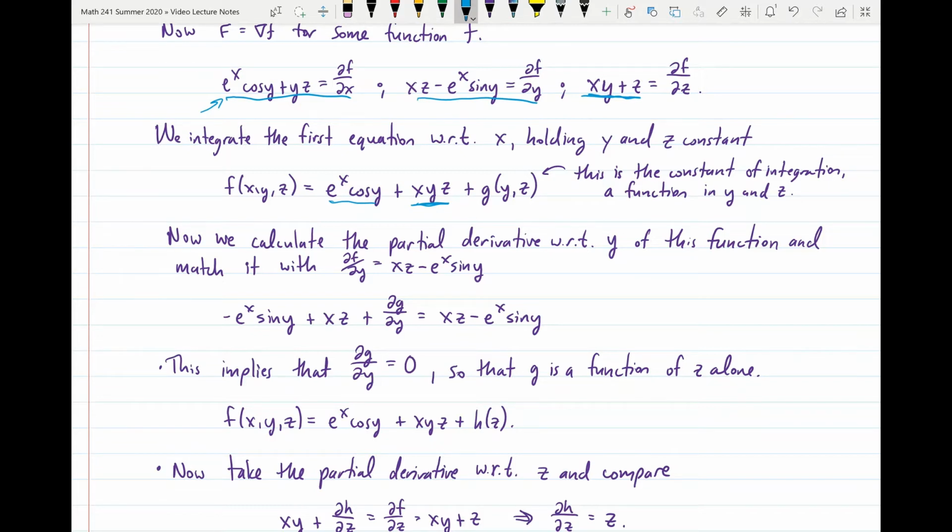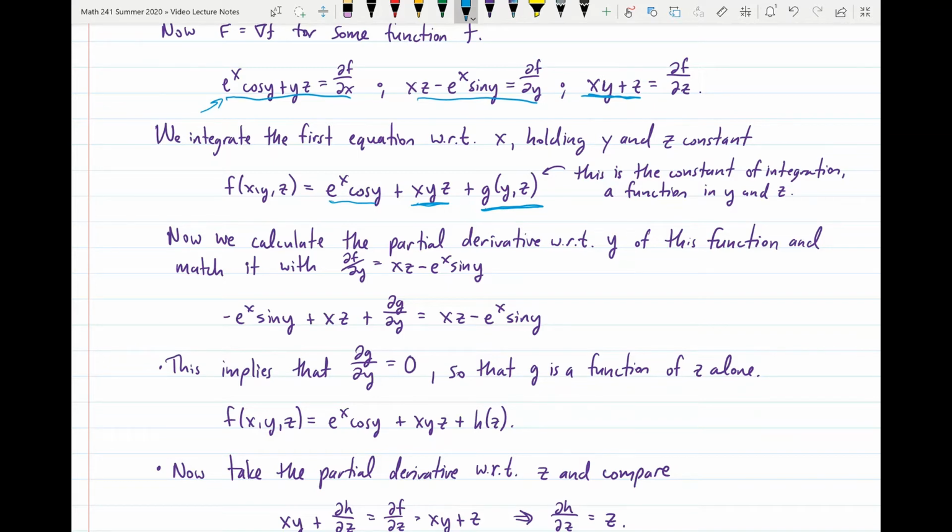And then here is the key novelty here. So typically when we integrate from Calc 1, we would have a constant of integration, some c that shows up here. But in this case, if we had any function in terms of just y and z, and we took the derivative, then we would get 0, because y and z would be treated as constants if we took the partial derivative with respect to x.